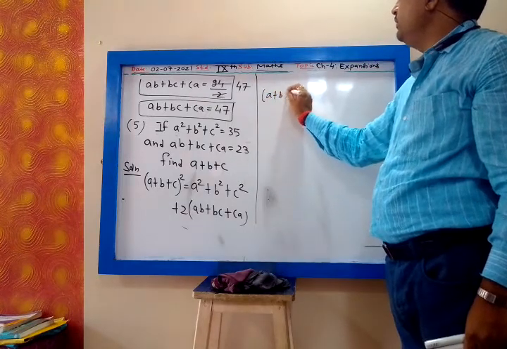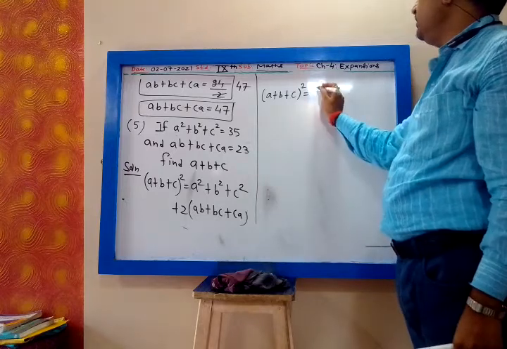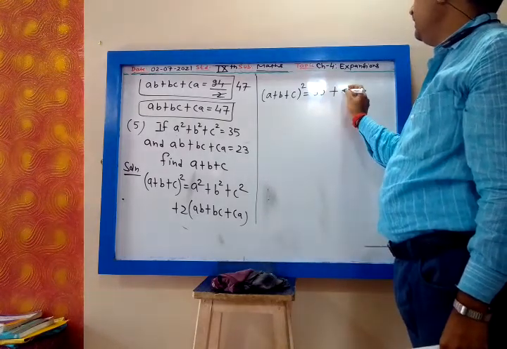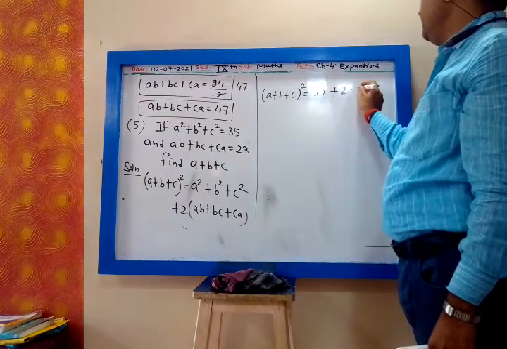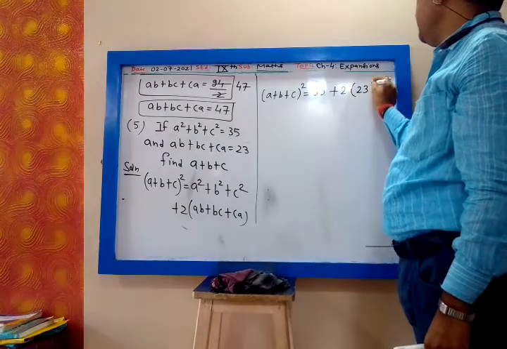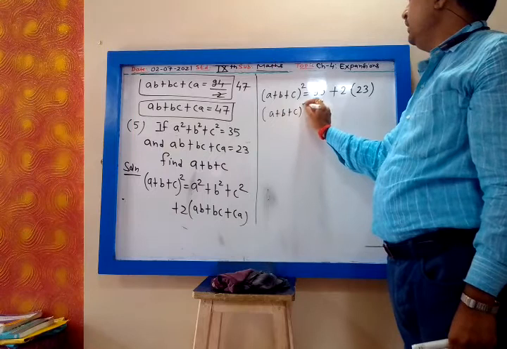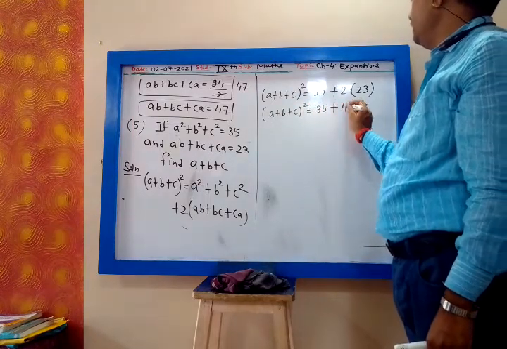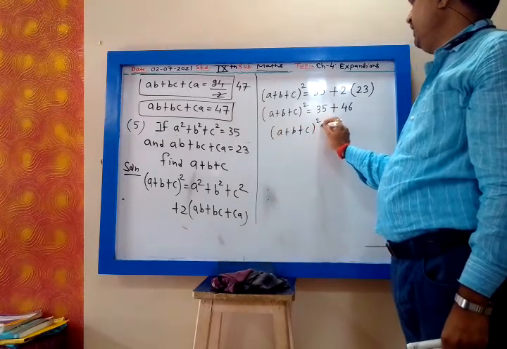A plus B plus C whole square is equal to A square plus B square plus C square, which is 35, plus 2 into 23. So A plus B plus C whole square is 35 plus 46, which is 81.